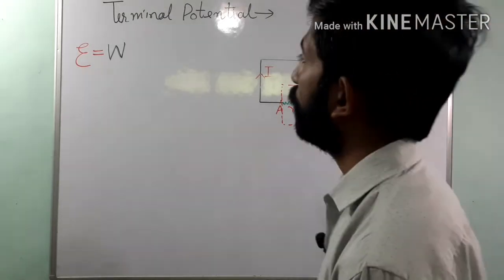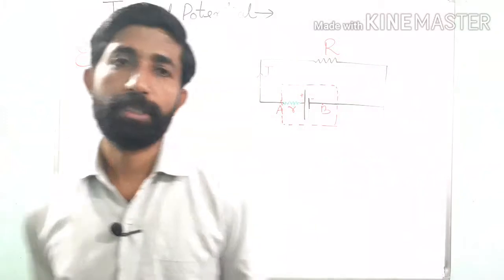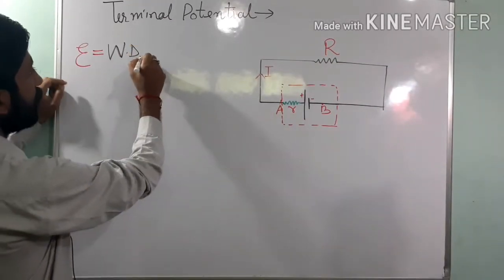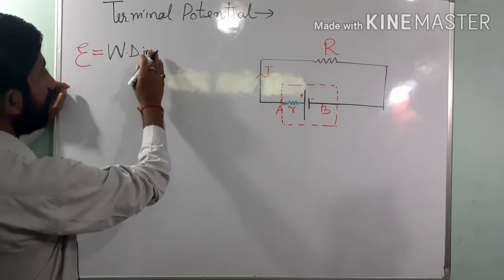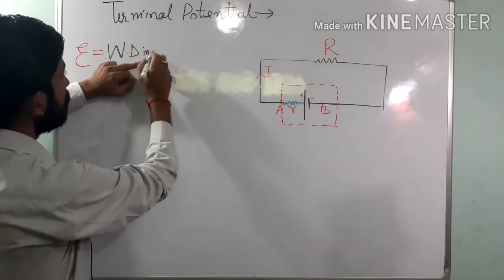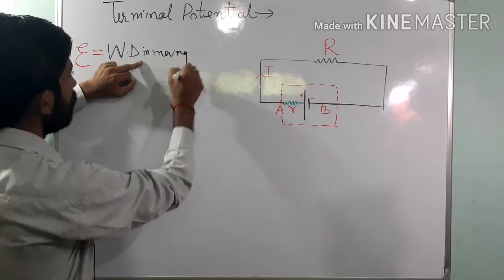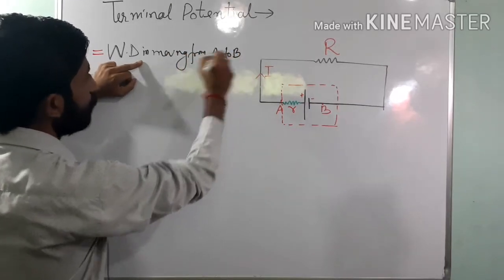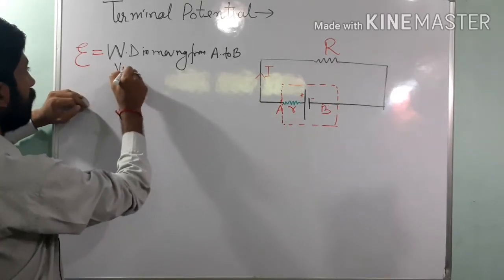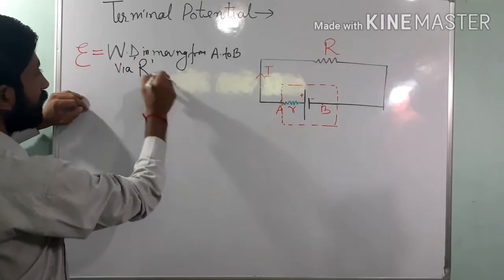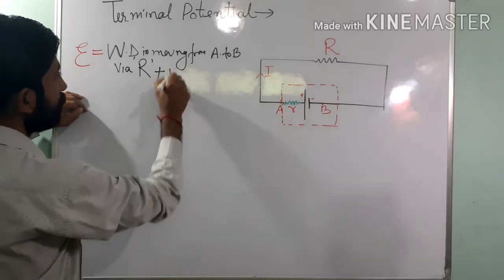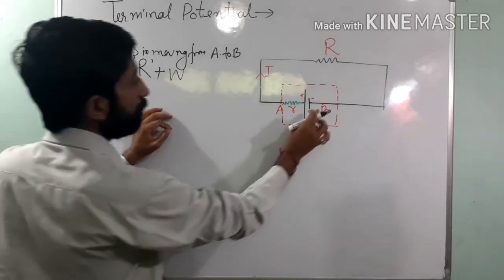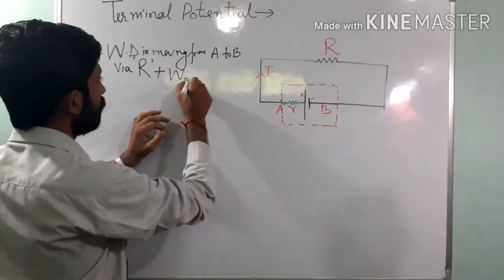So, how much will be the work done in moving a unit charge from A to B via the external resistance, plus the work done in moving from B to A?